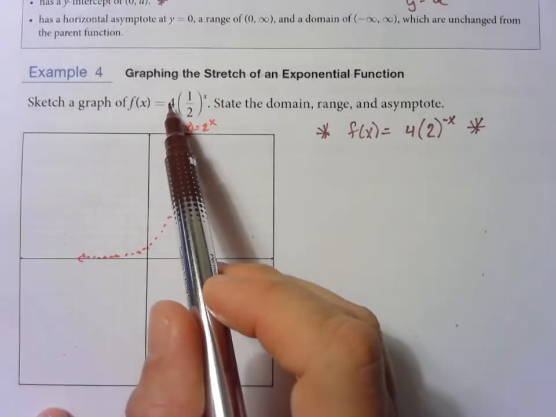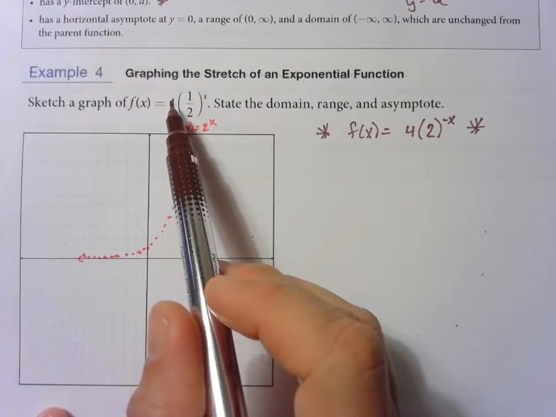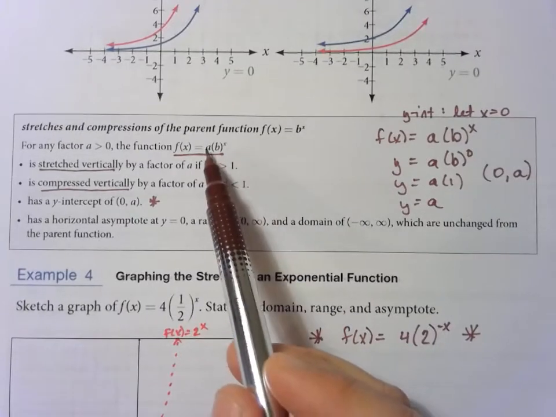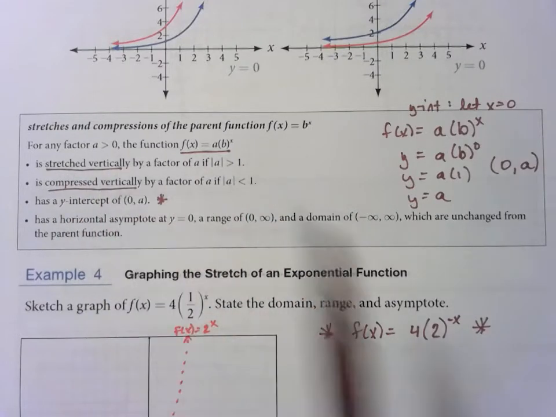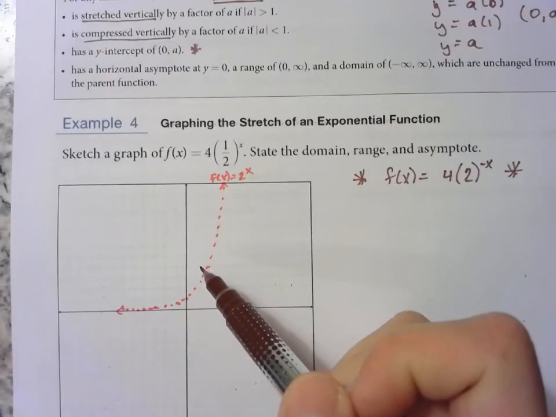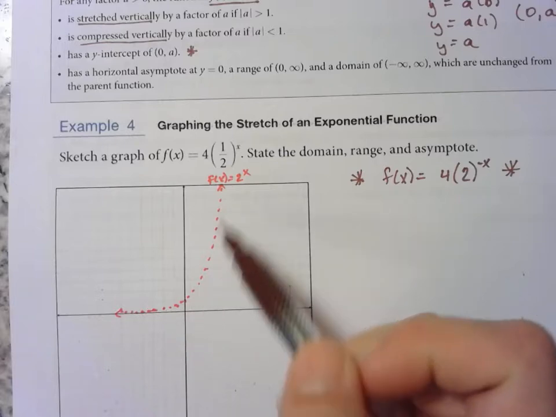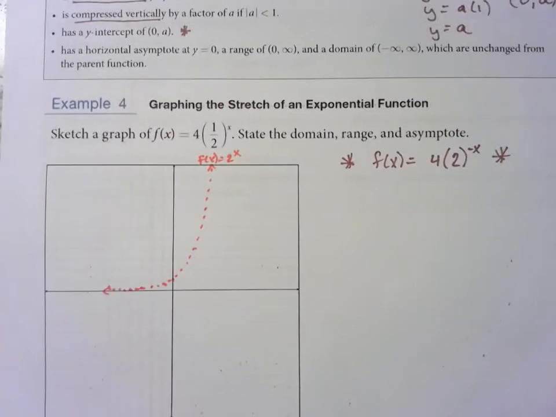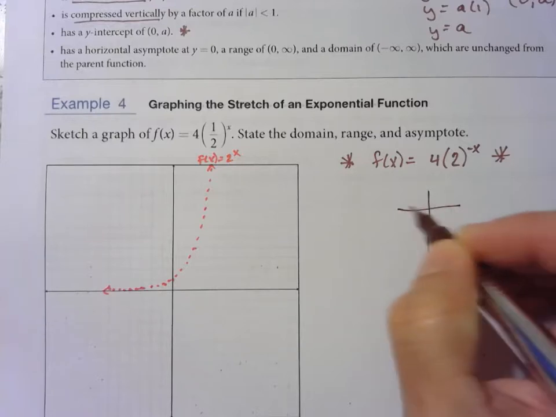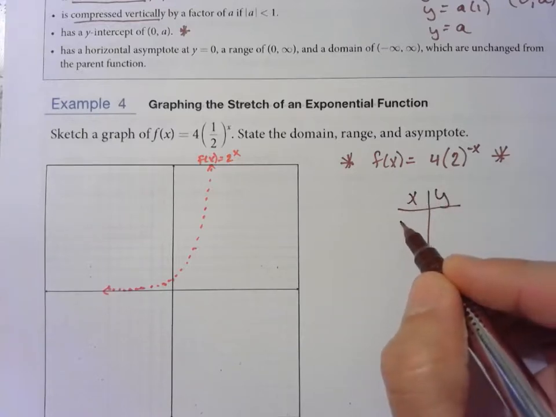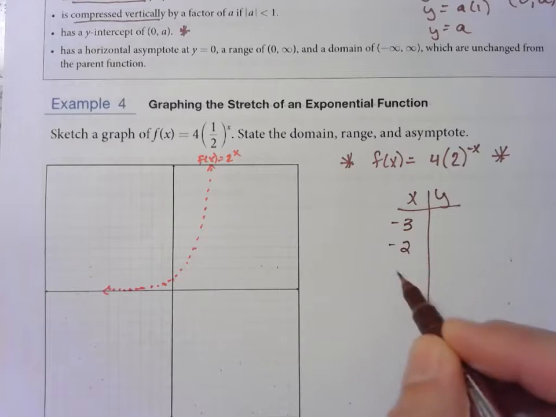Alright, so we look at this number. What's happening with that one? That is where your a is greater than 1, right? If a is greater than 1, it is going to be stretched vertically. So this graph should get taller and kind of skinnier. Alright, so let's just make a table so you can see what's going on. Let's pick these values again.